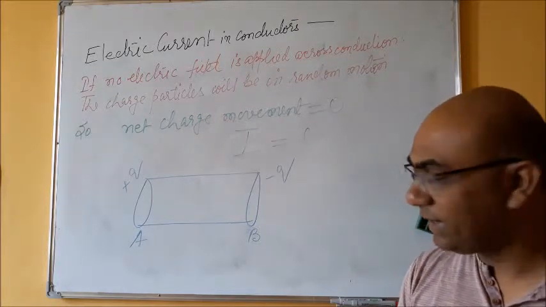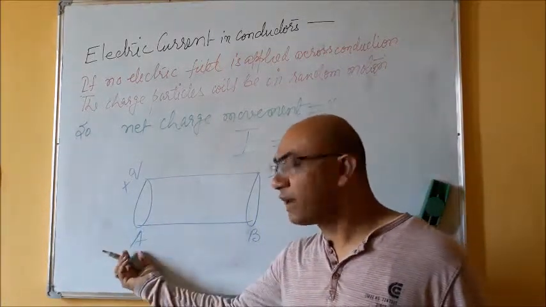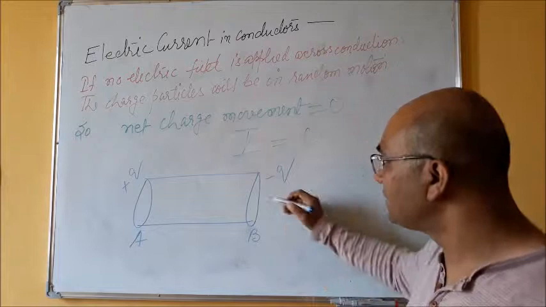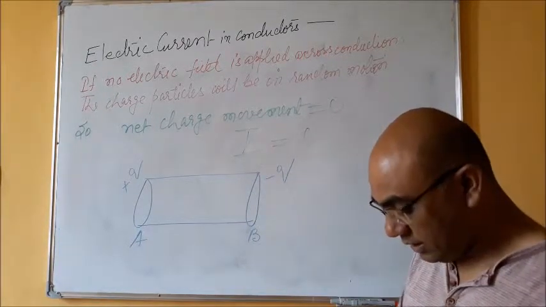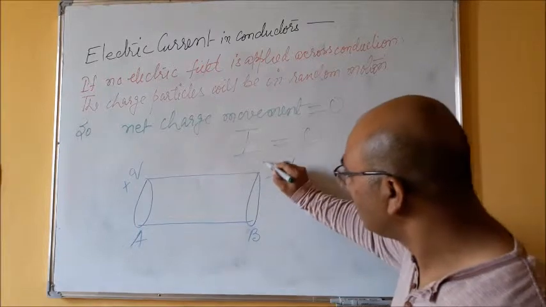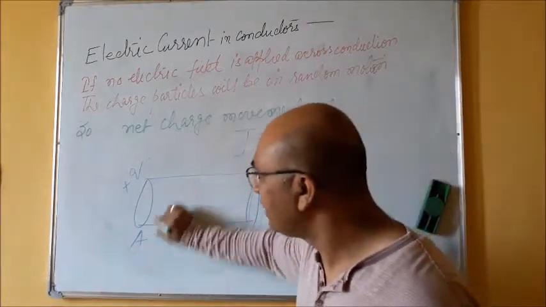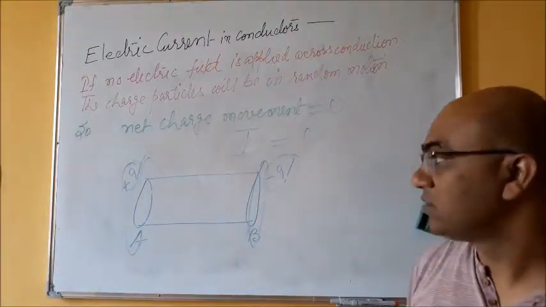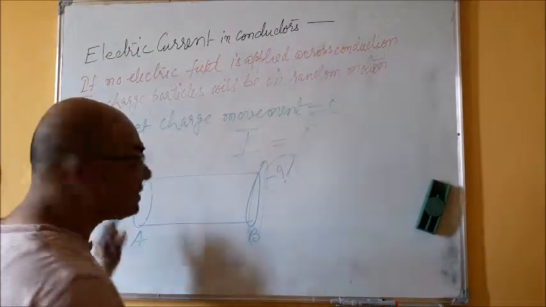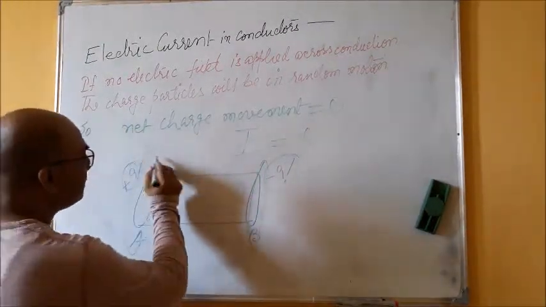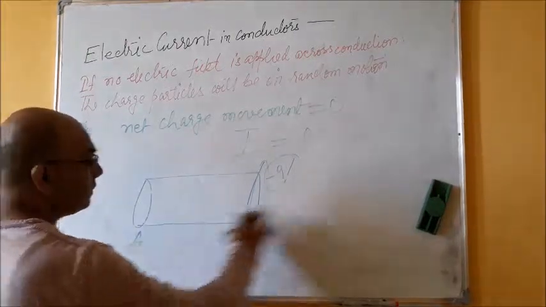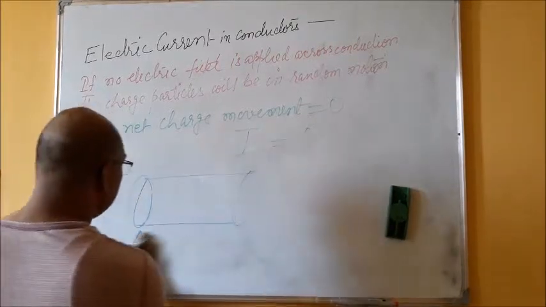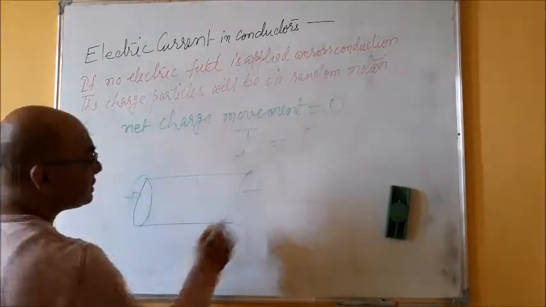So initially we are providing some charged particles at surface A and some charged particles at surface B. You can imagine that we are putting two discs, one disc here, one disc here. This disc is positively charged and this disc is negatively charged.